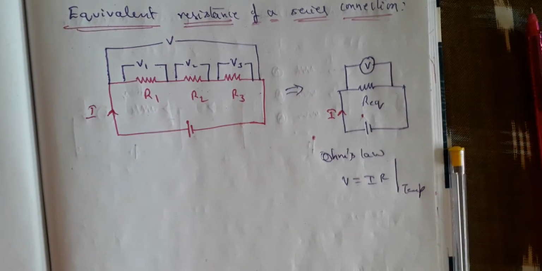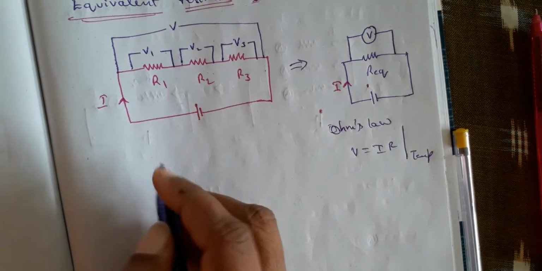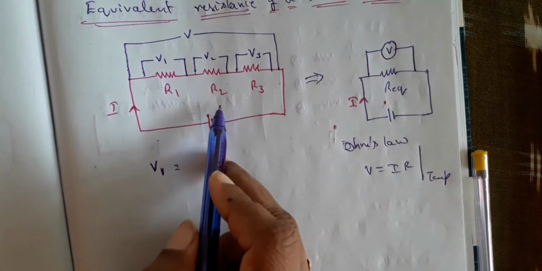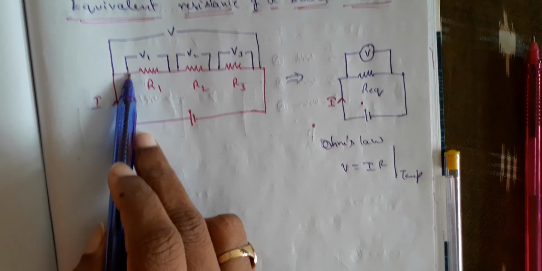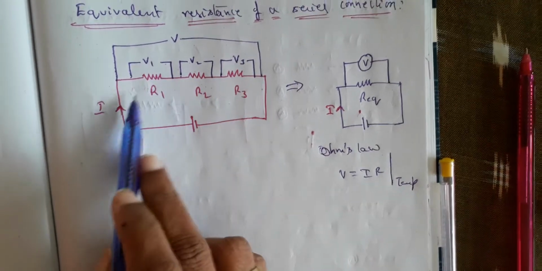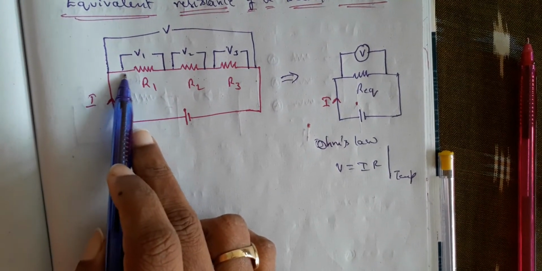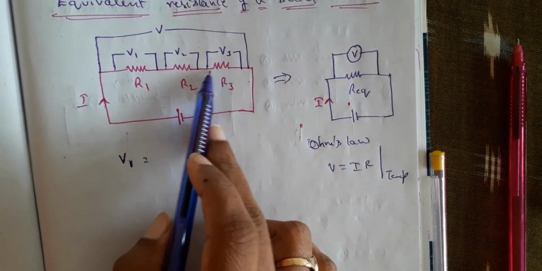So now here, if we speak about each potential difference, V1 is equal to. Now what is series combination? I already said that the current flowing through the circuit passes through all the resistors similarly, that means this current does not split anywhere. It travels into R1, and from R1 it travels into R2, from R2 it travels into R3.